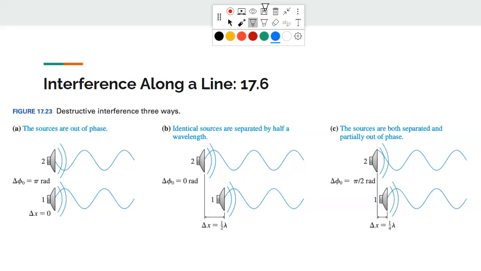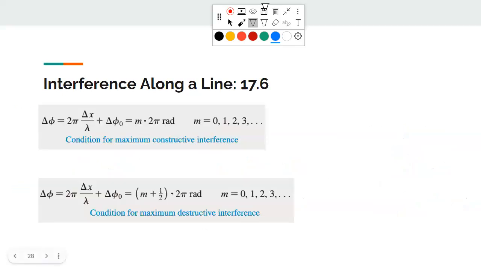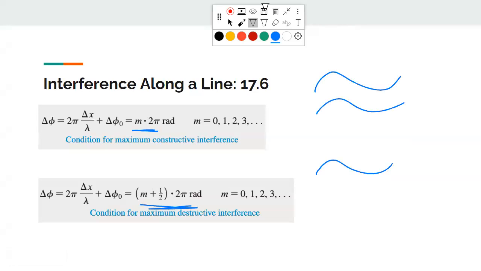Then that's some difference in phase, delta phi. If that difference in phase is a multiple of 2 pi, then we get constructive interference. Whereas if it's a 1/2 multiple of 2 pi, we get destructive interference. All that's saying is that if they line up, we get constructive, and if they are opposite, we get destructive.